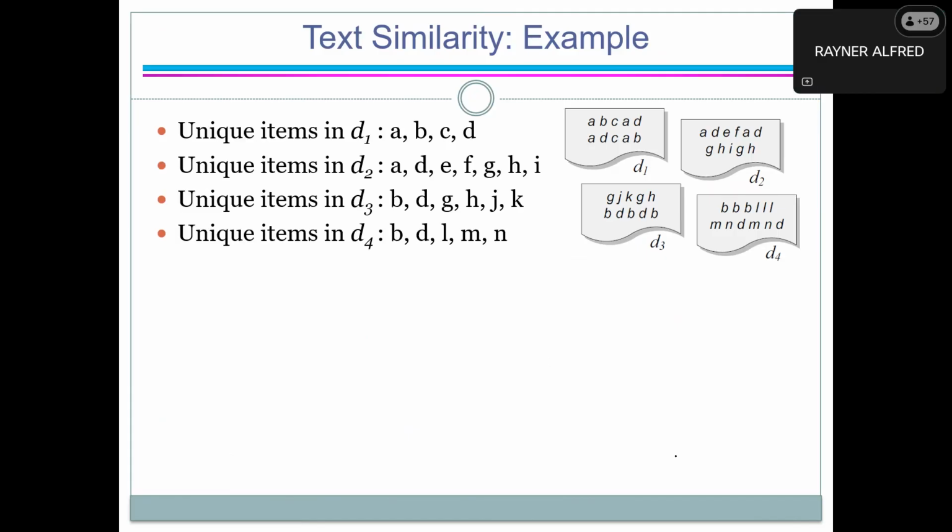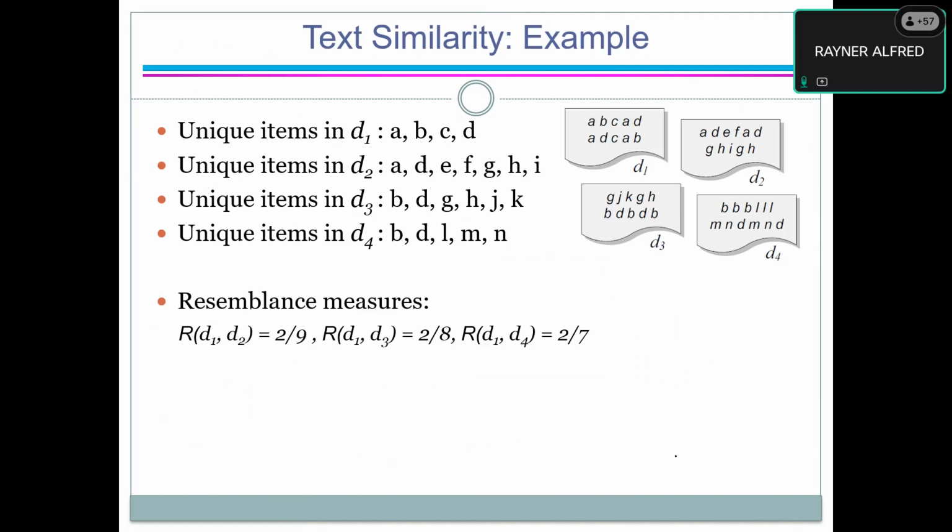When we compute the resemblance value, we look at D1 and D2. D1 and D2 have 2 terms in common. Since there are 2 common, we have 5 plus 2 plus 2, 9 unique terms. So that's why we get 2/9 here.